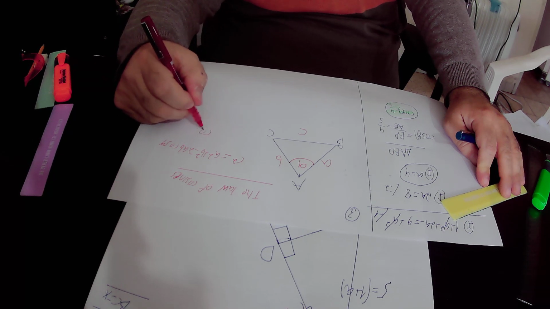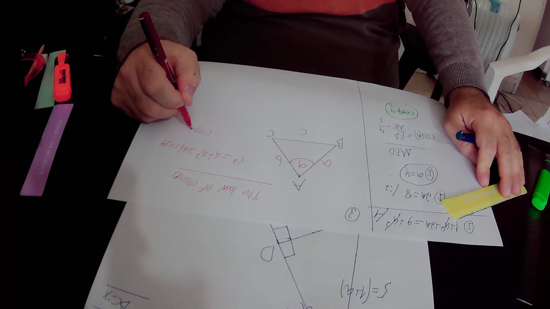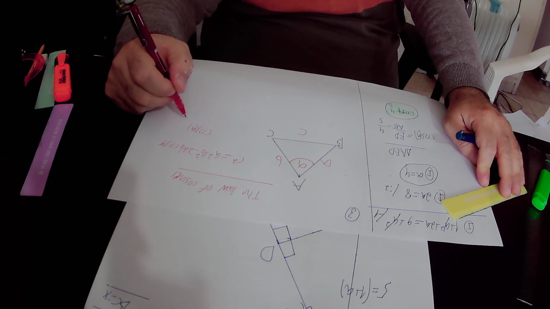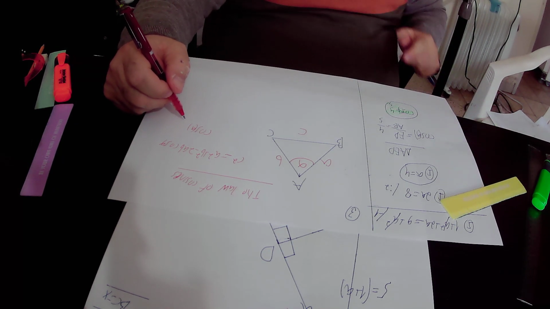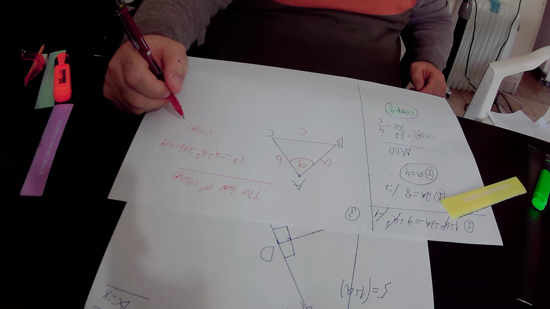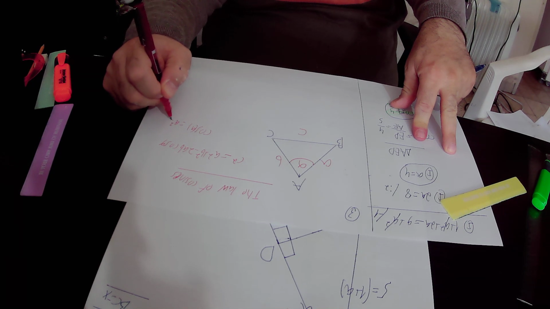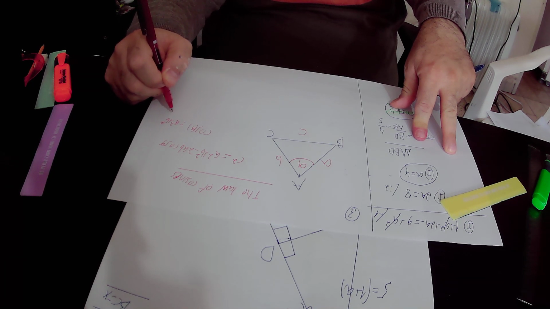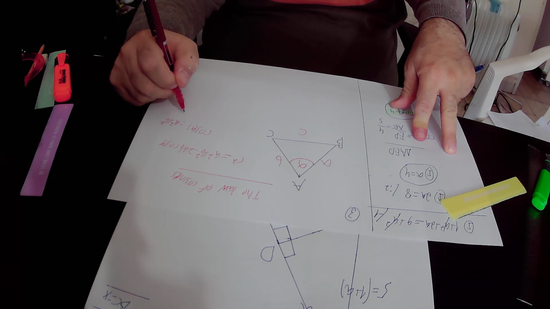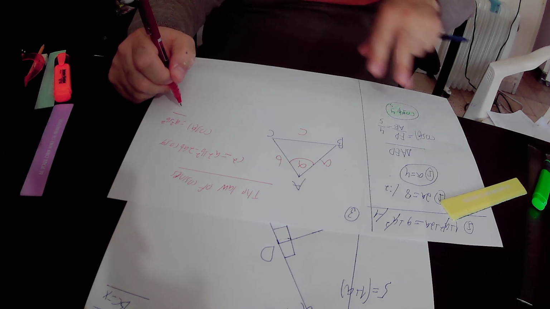So actually cosine alpha will be equal to A squared plus B squared over 2AB.